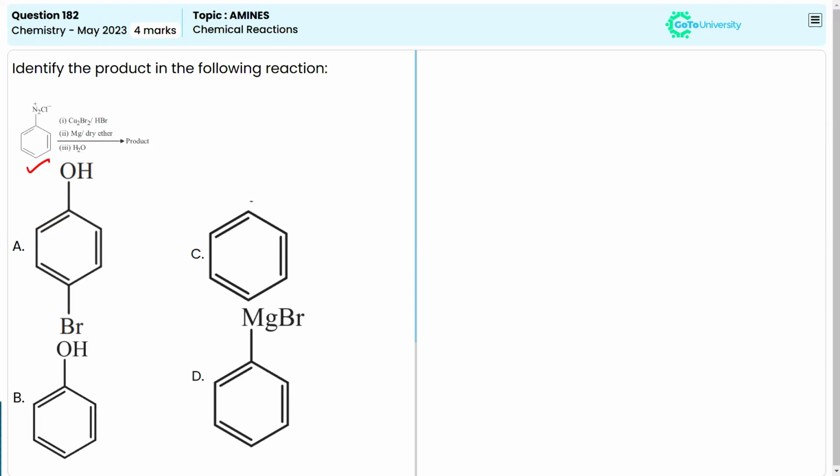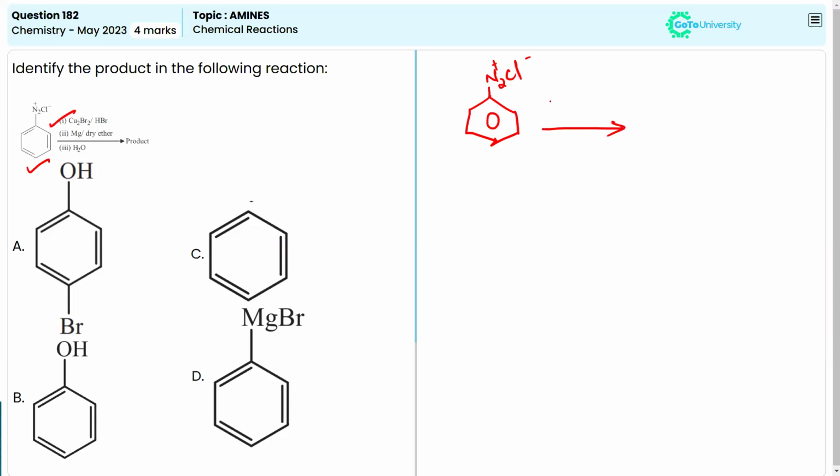First of all, we have to use each of the given reactants sequentially, meaning we have to follow a sequence for the reaction. Then only we can find the final product. So we can start from benzene diazonium chloride, that is N2Cl, right? Now first I'm using which one, the first reagent, Cu2Br2/HBr.